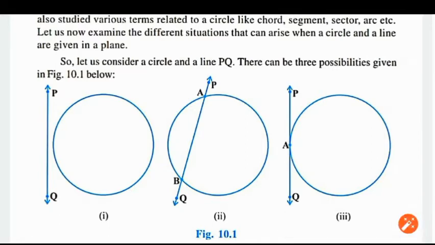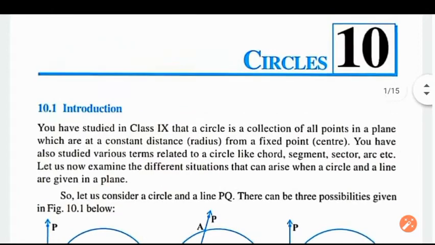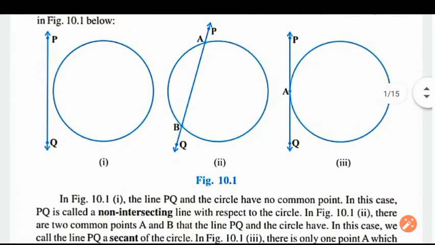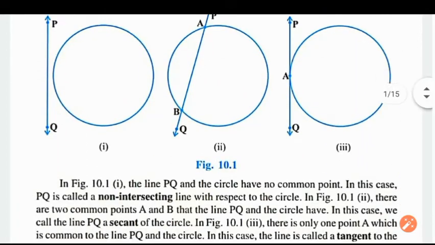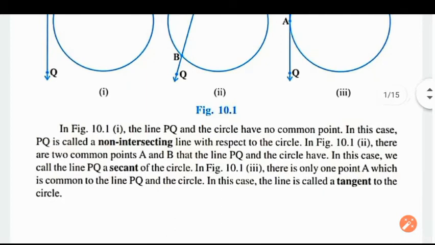In such case, that line PQ has a particular name, and what do we call it? We call it secant. When a line intersects a circle or any curve at two distinct points, that line is known as secant.